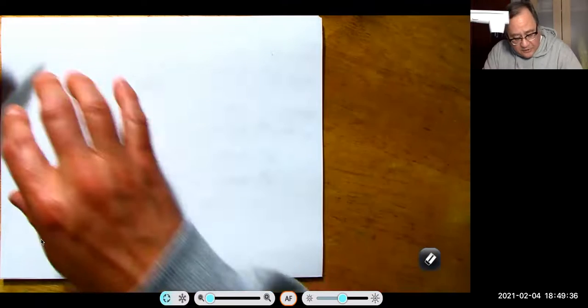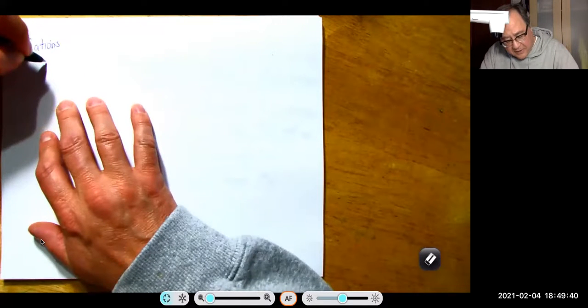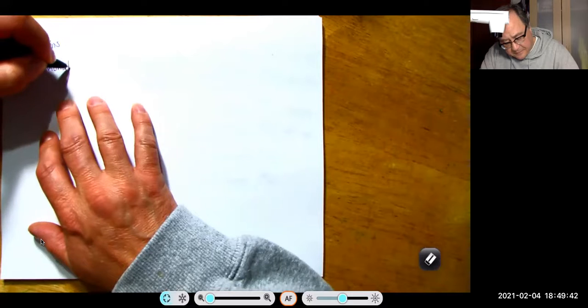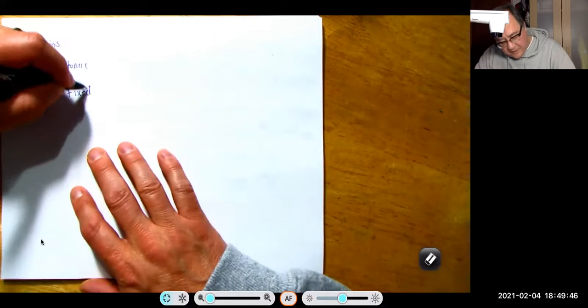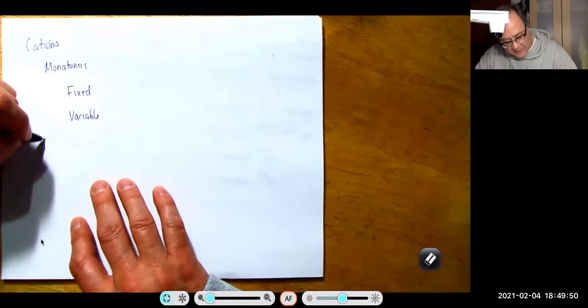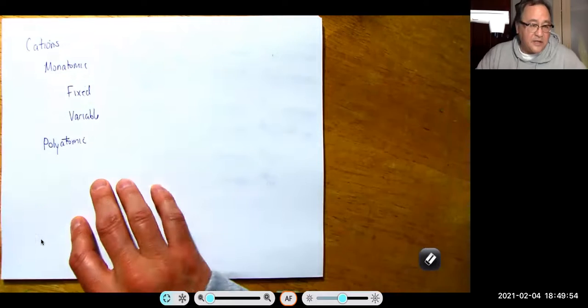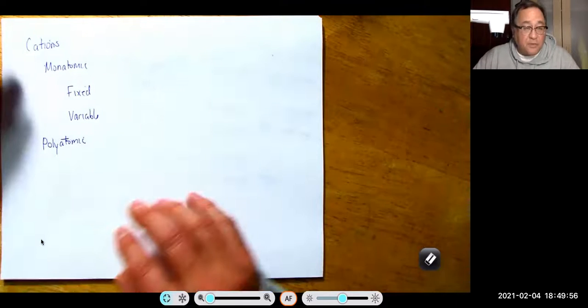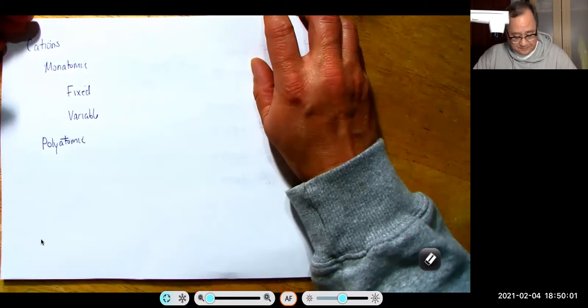Okay, so now we've learned how to name monatomic cations. So we've got cations, monatomic. We've got the fixed. We've got the variable. And now we have polyatomic. So it turns out that polyatomic ions, the atoms are bonded together like in a molecule, except the thing has a charge.